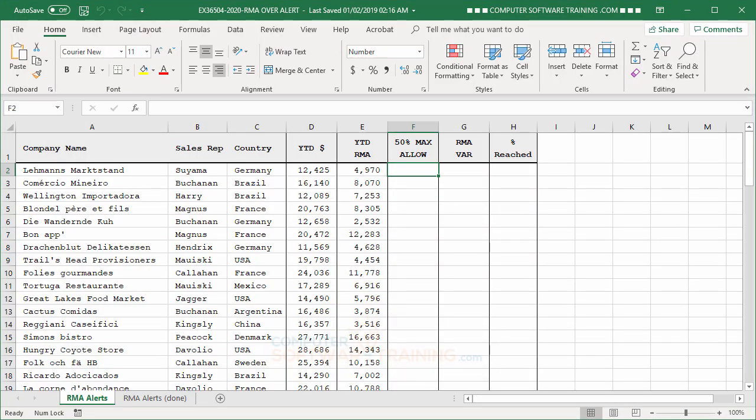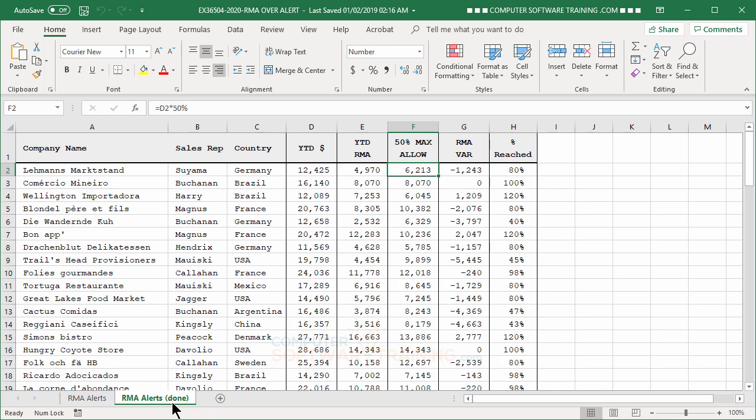Okay, so this worksheet is a tool that we use to analyze how much our customers are returning to us. And what we've done is we've devised a formula, to start out here, where we only allow them to return up to half of what they've purchased from us, which is pretty good.